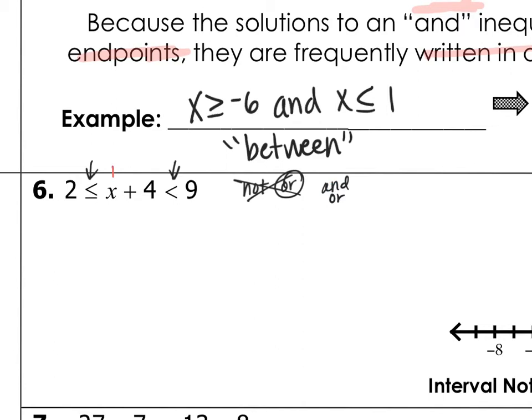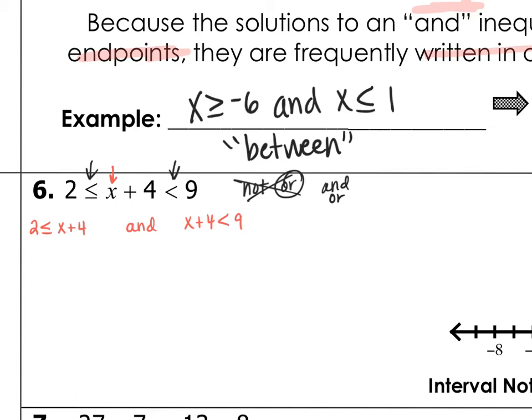Since the variable's in the middle, we can rewrite it as two inequalities that say 2 is less than or equal to x plus 4, and x plus 4 is less than 9. Notice how all I did was mentally block this off and write this inequality right here, and then block this off and write this inequality right here and write the word "and" in it.